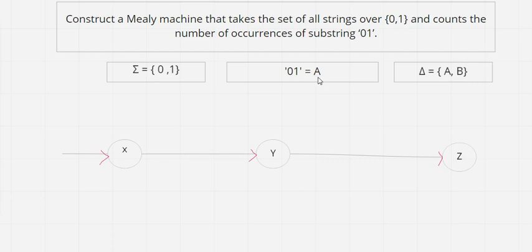You can take any output alphabet as it is not mentioned in the language. So I have taken A and B as the output alphabet. A denotes the output when the input string has the substring 01. Otherwise the other transitions will have output B. But we will not consider the states, as we are talking about a Mealy machine. We will talk about only the transitions.